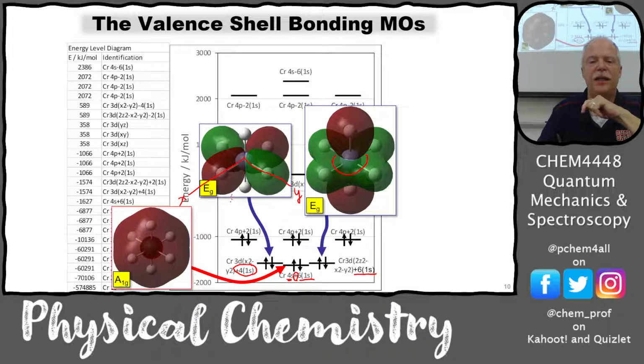The symmetry of these orbitals was Eg, and when it is in phase with those hydrogens, it still has the same symmetry. So these are Eg, that's doubly degenerate. If we were doing the Boltzmann distribution, the degeneracy term would equal 2.